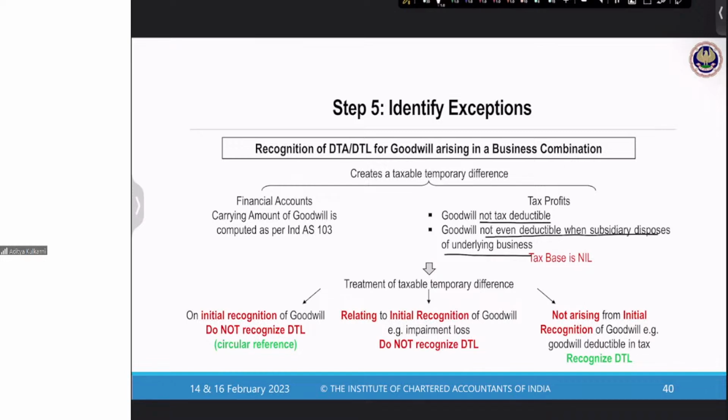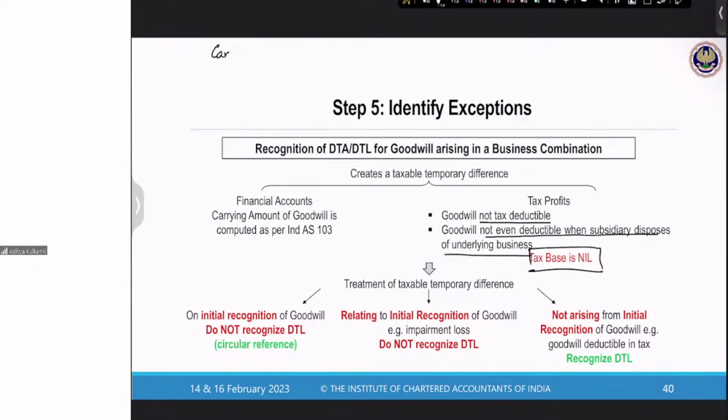So for all practical and theoretical purposes, the tax base of goodwill is going to be 0, whereas the carrying amount will surely be there.